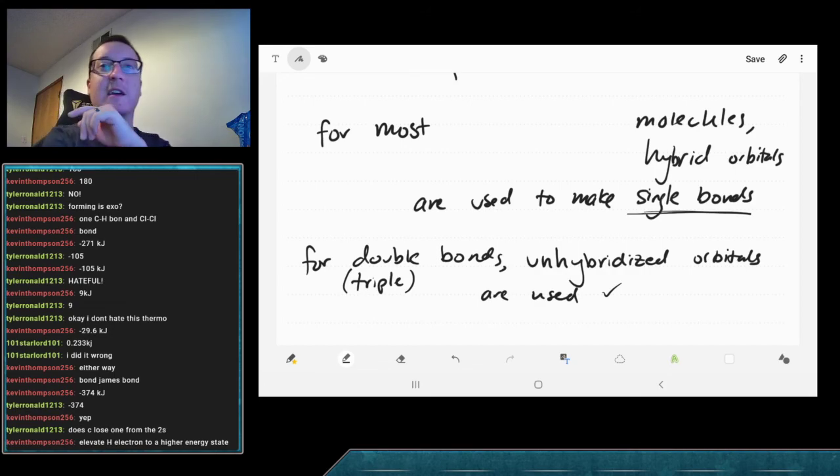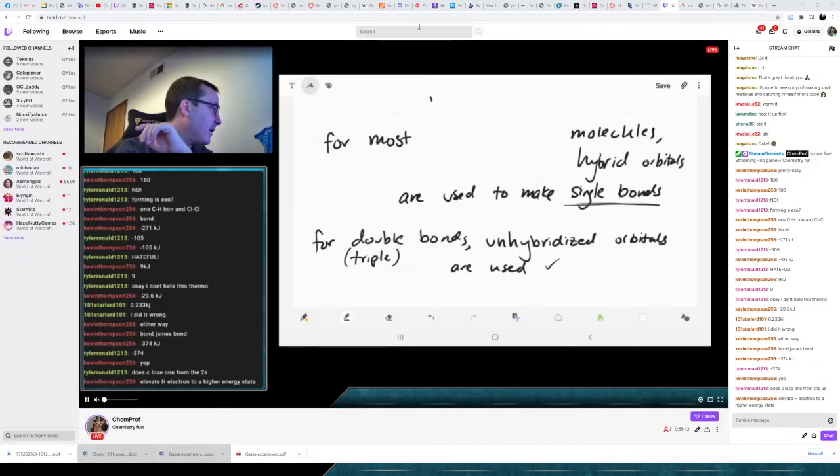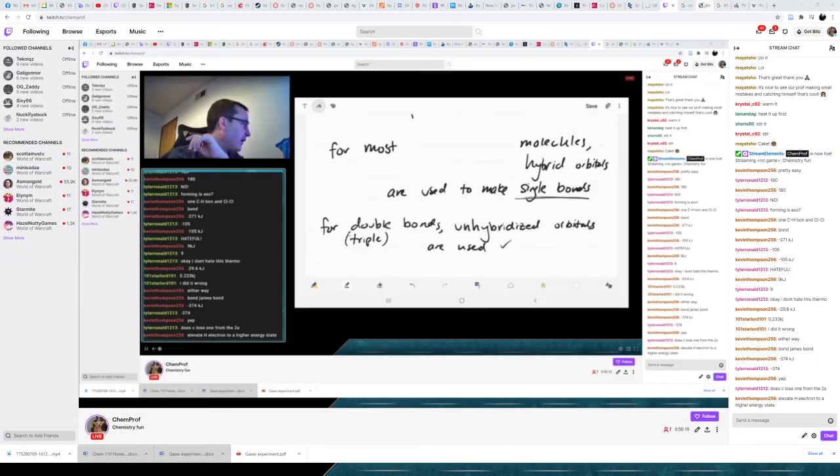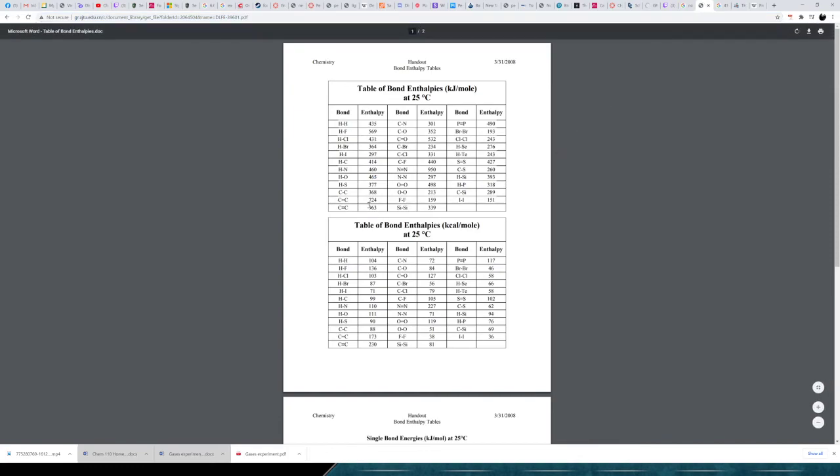Oh, I know what I could finish on. One thing that I kind of neglected to explicitly point out for you guys. If we go back to that table of bond enthalpy, just look at these 3 right here. So a carbon-carbon single bond versus double bond versus triple bond, we see that the more bonds we have, the stronger the enthalpy is.